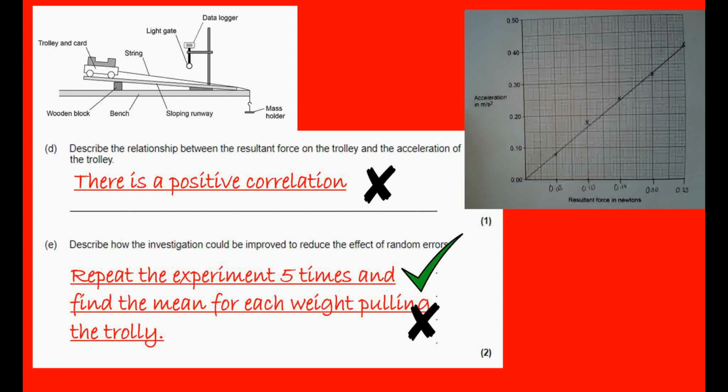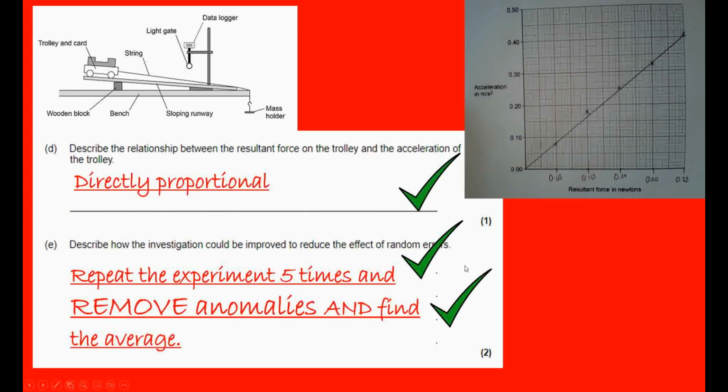The next question is even more frustrating, I think. Repeat the experiment 5 times and find the mean. Sorry, repeating the experiment 5 times gets the first mark. But just finding the mean isn't enough to reduce the effect of random errors. You also need to remove anomalies. So for this, when you say directly proportional, it's a straight line that goes through 0.